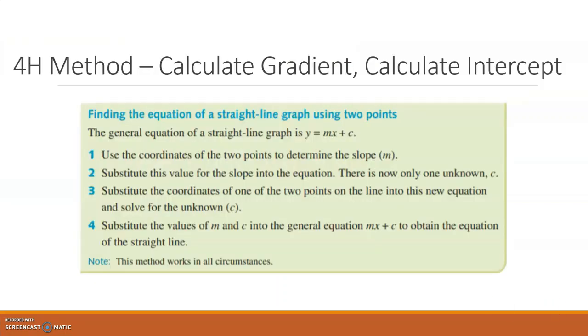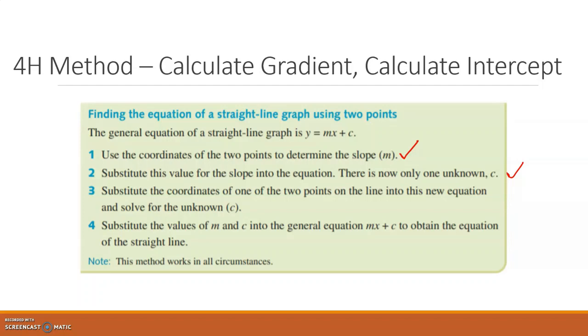Let's take a closer look at the 4H method now. Like we said, with the 4H method, you have to calculate gradient first and then calculate the y-intercept from there. So first we need to use the coordinates of 2 points to determine the slope. Then we substitute this value for the slope into the equation. Because it's y equals mx plus c, once we put m in, only c is an unknown now.